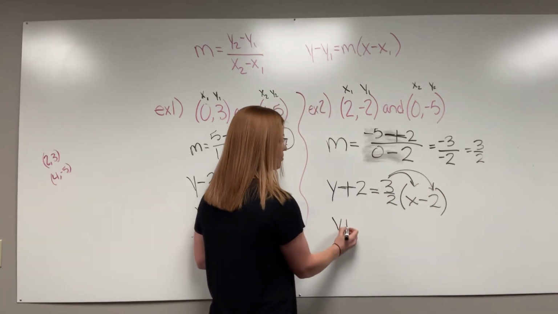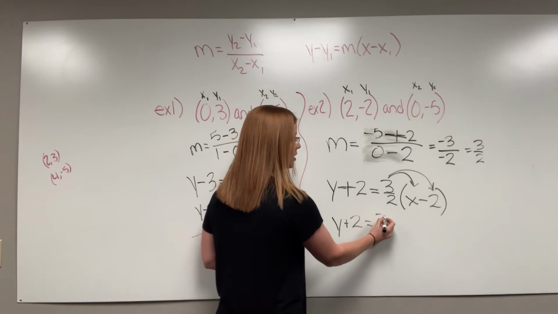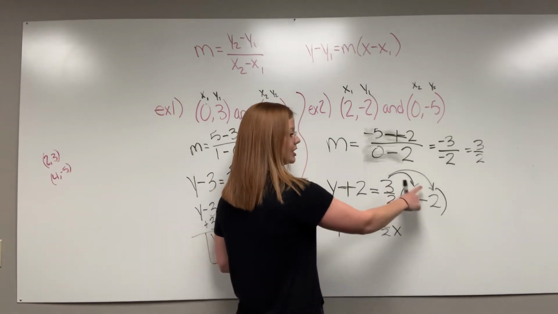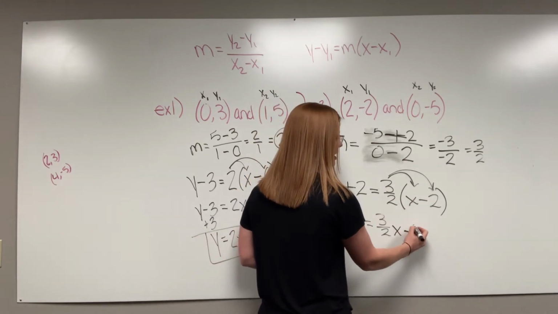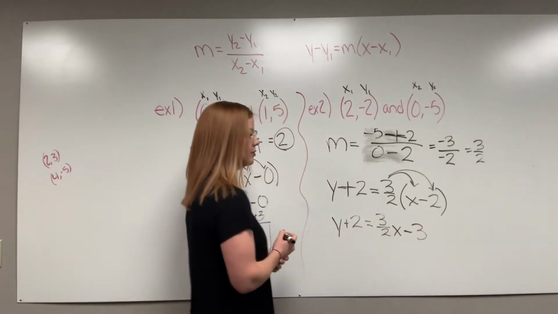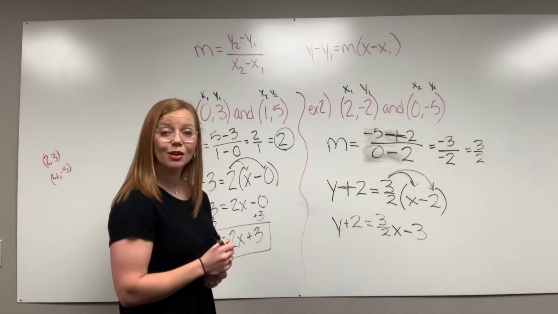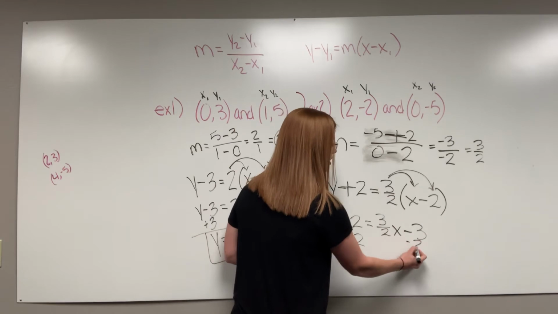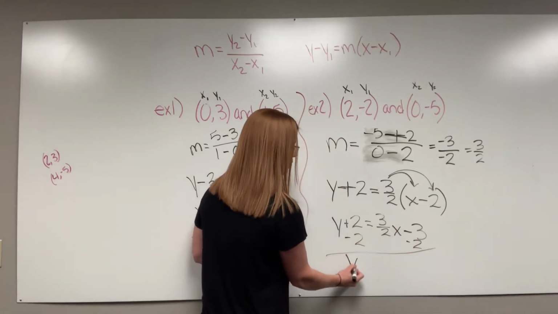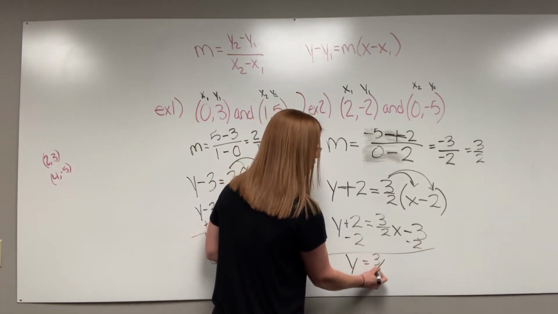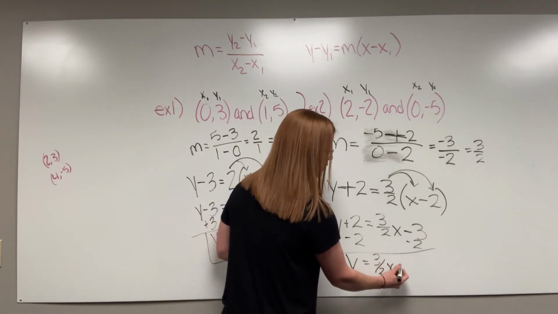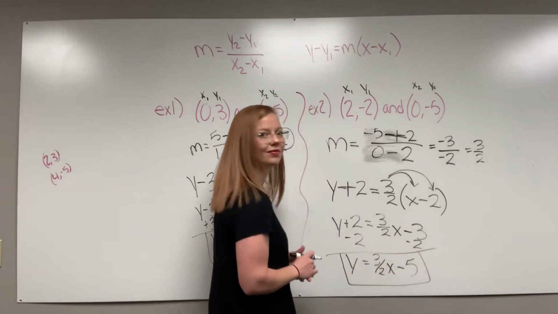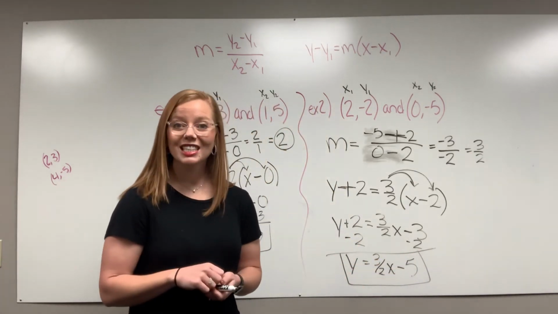So I get y plus 2 equals 3 over 2x. 3 over 2 times a negative 2 gives me a negative 3. Last step, isolate your y by using opposite operations. Subtract 2 from both sides, and we get y equals 3 over 2x minus 5. Okay, let's do one more together and then I'll turn you loose.